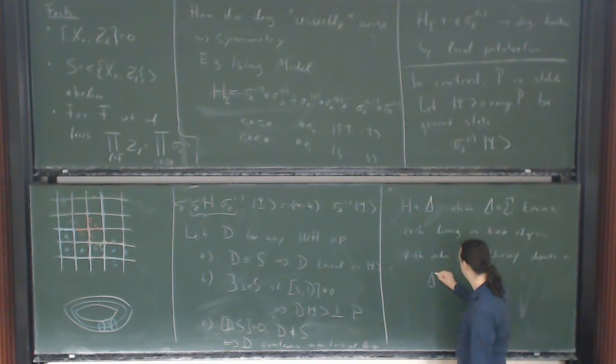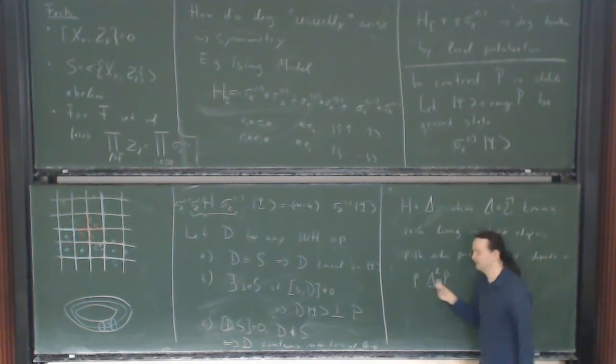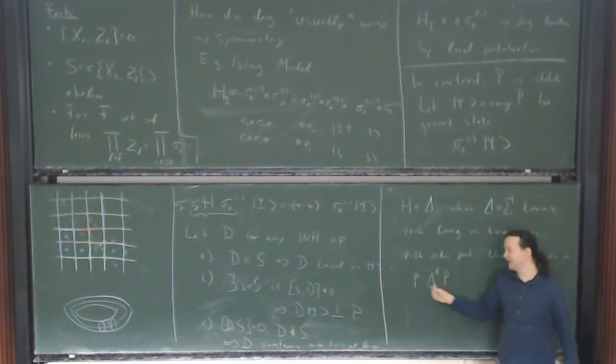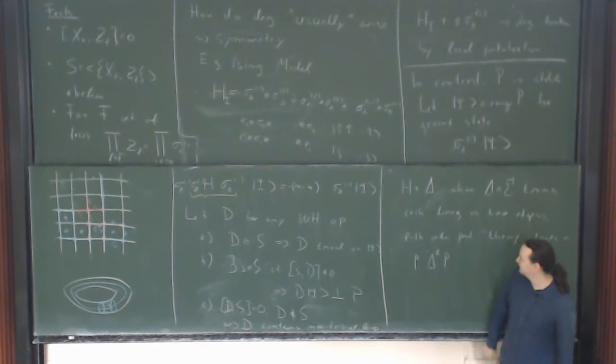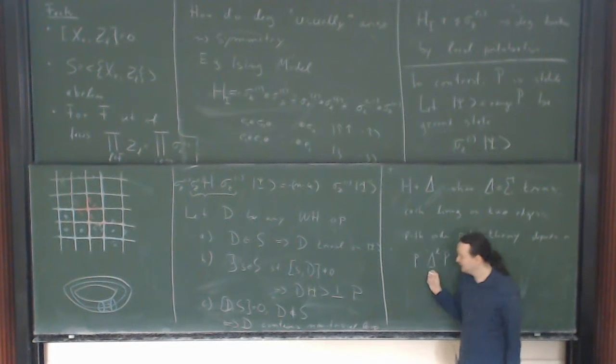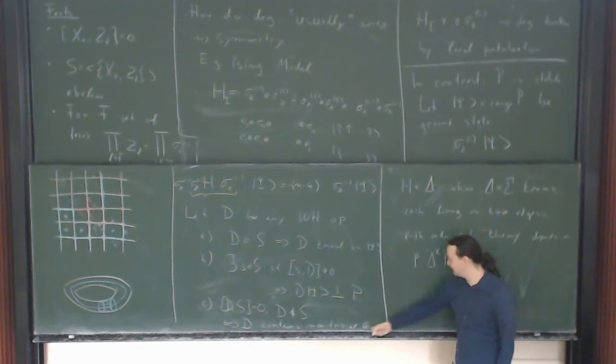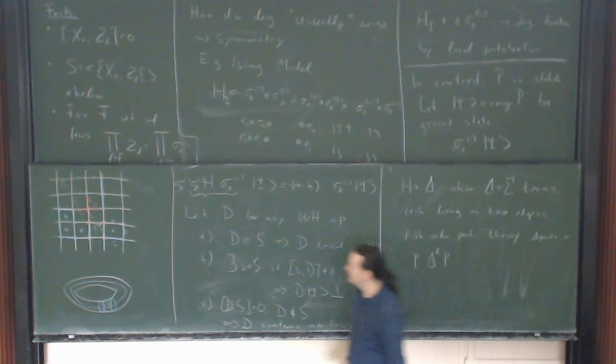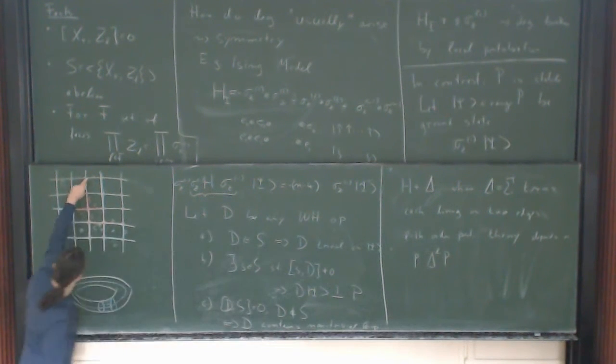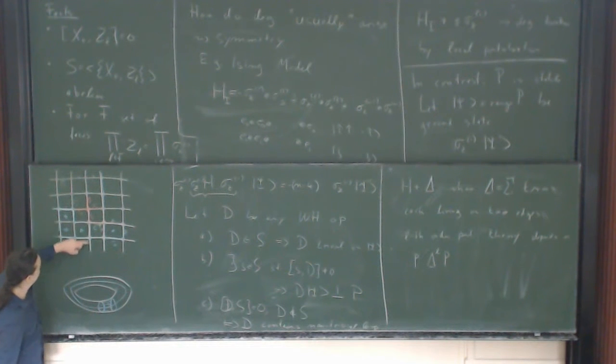Delta: you take the Lth power and you sandwich it, you compress it to the ground state space. That's what perturbation theory tells you. But this can be non-trivial only if it has a non-trivial loop. To have a loop, you have to have support of at least size k, because you have to get around the torus, so the linear dimension is k.